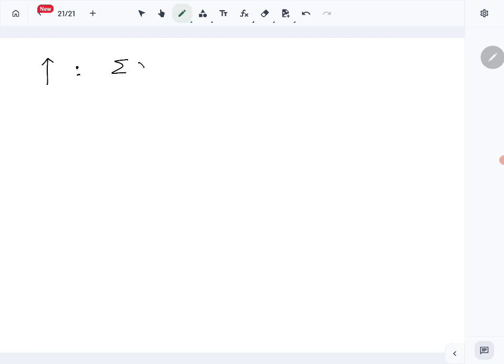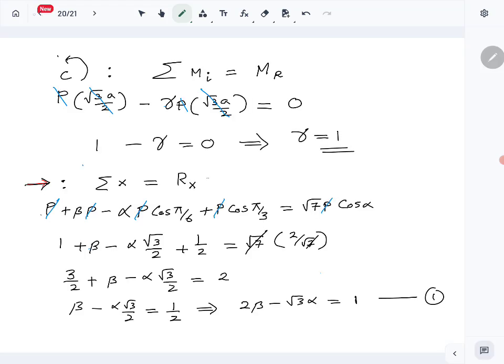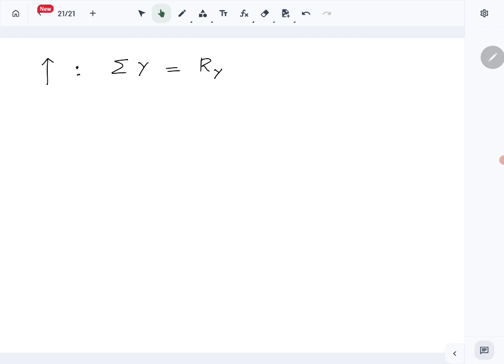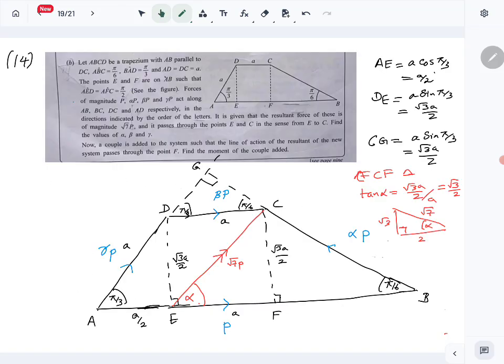So sigma y, the vertical components together, is equal to the vertical component of the resultant. There is no vertical component from P or beta P because they are horizontal. From alpha P you get alpha P sine pi over 6 in the positive direction, and from gamma P, again positive, gamma P sine pi over 3.